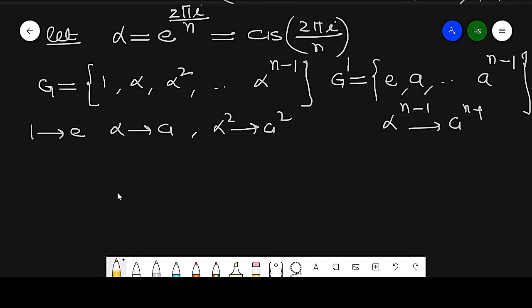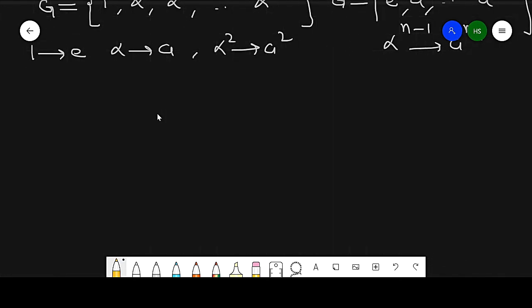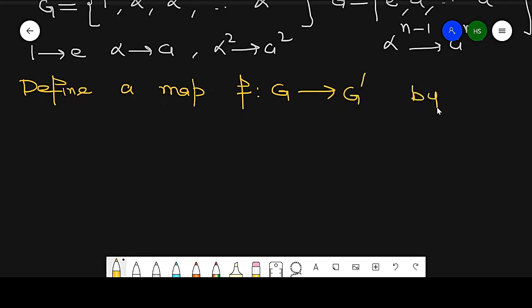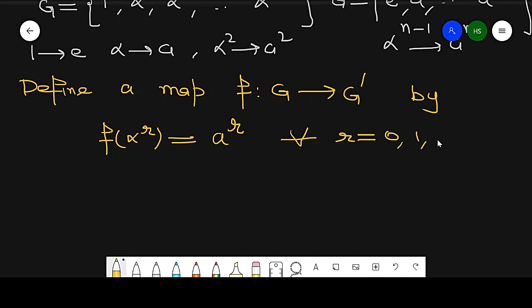So how will we prove it? Define a map f from G to G dash, defined by f of alpha raised to power r equal to a raised to power r, for every r running from 0, 1, 2, and so on up to n minus 1.